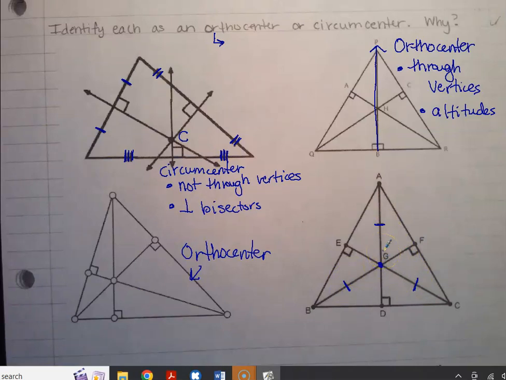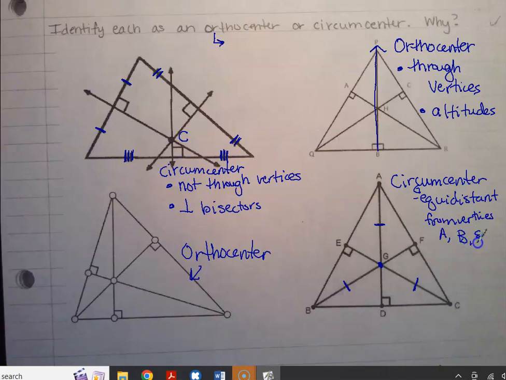So this one is trying to show you that it's a circumcenter because G is equidistant from vertices A, B, and C. But it does throw you off because it also goes through the vertices, right?